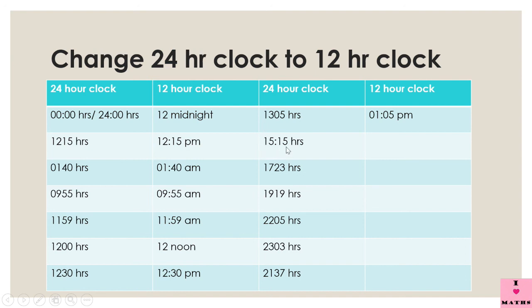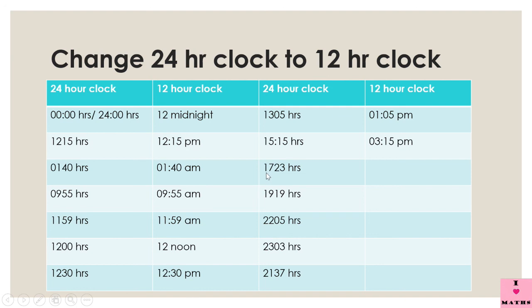Now this is 15:15 hours. So we will subtract 12 from 15 and we will get 3:15 PM. Why will we get 3? Because 15 minus 12 is 3. Okay. 17:23 hours.